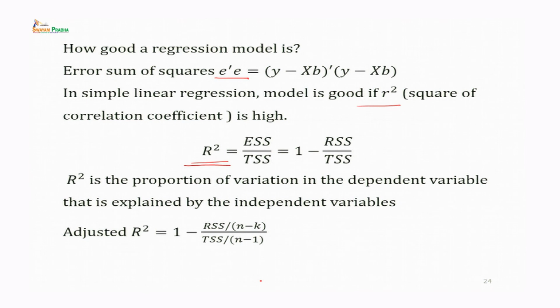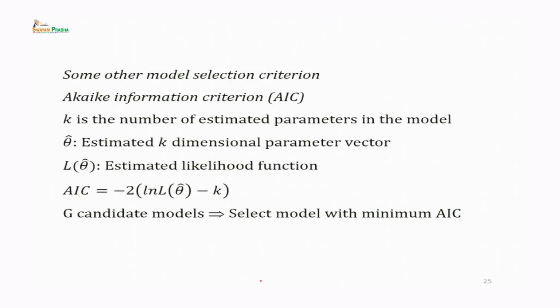Now, apart from these measures, we also have some other model selection criteria. Two criteria are Akaike information criterion and Bayesian information criterion. If k is the number of estimated parameters in the model, theta hat is the estimated k-dimensional parameter vector and L of theta hat is the estimated likelihood function, then we define AIC like this: minus 2 times log L of theta hat plus 2k.